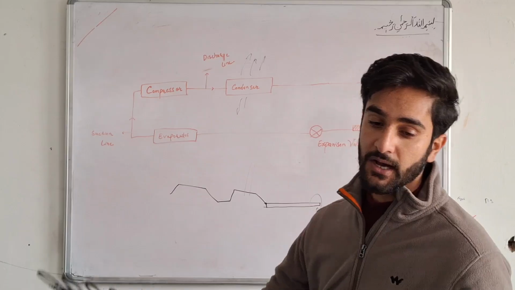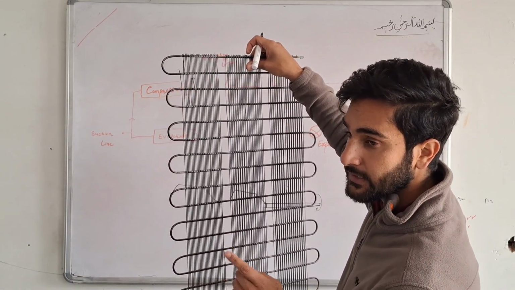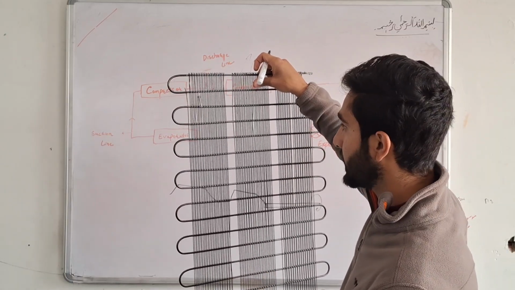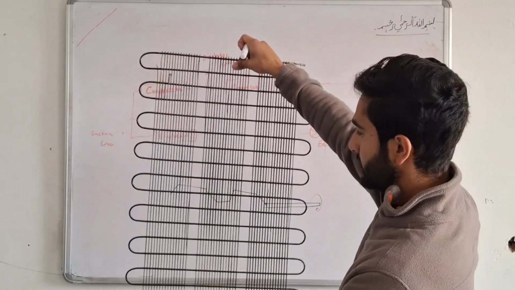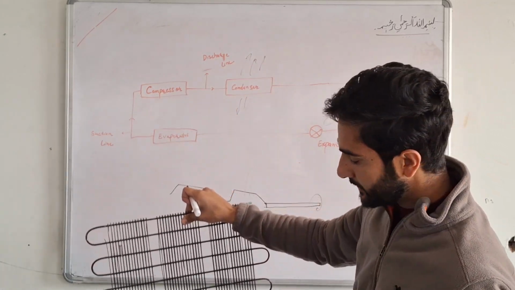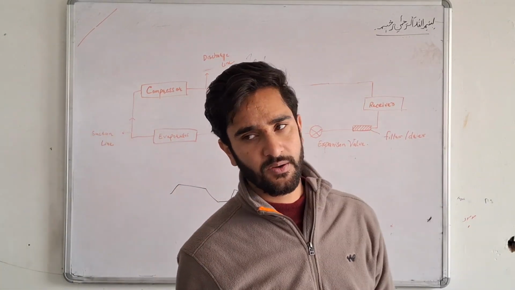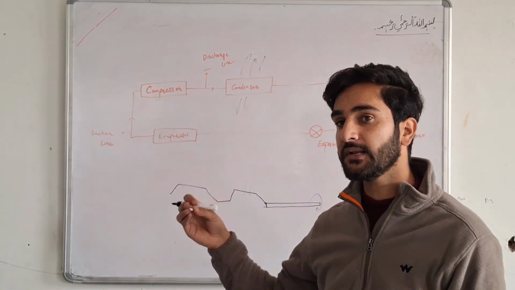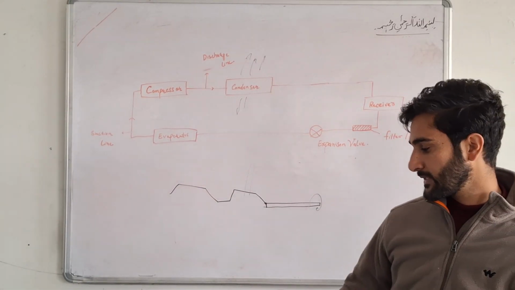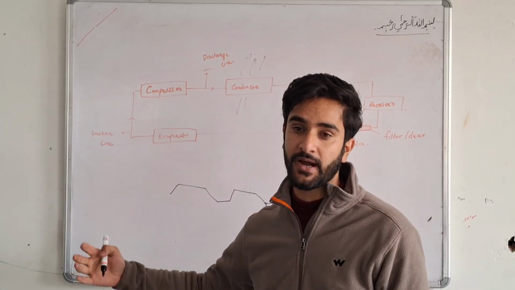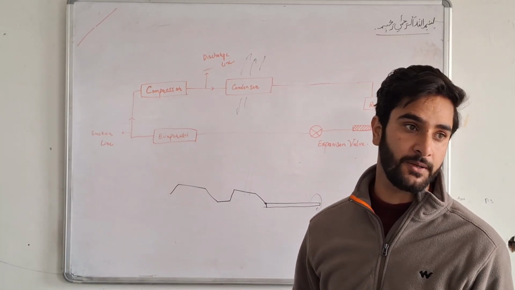Right after the compressor gives the high temperature, high pressure refrigerant, it is directly fed into this side, the top side. This is the condenser. And it is not only this kind; there are hundreds of types of condensers used inside refrigerators. Sometimes a fan is installed behind it to cool it down very quickly.